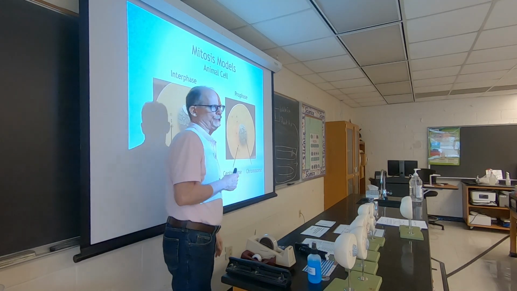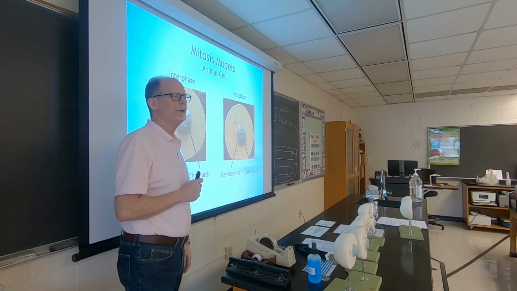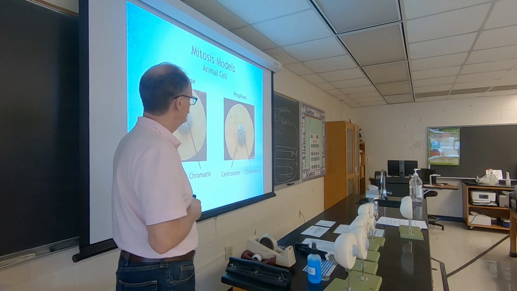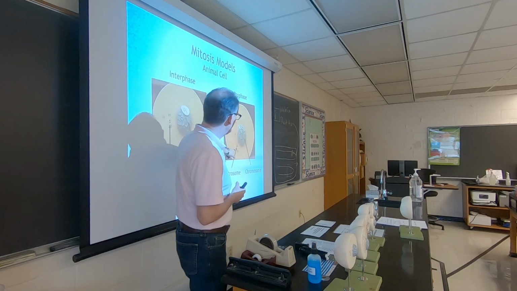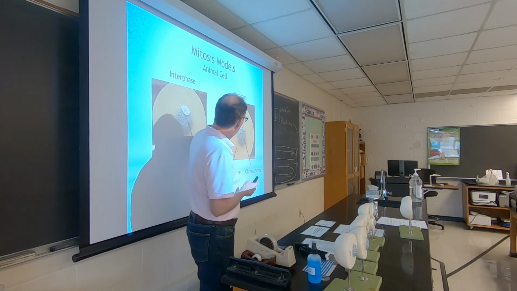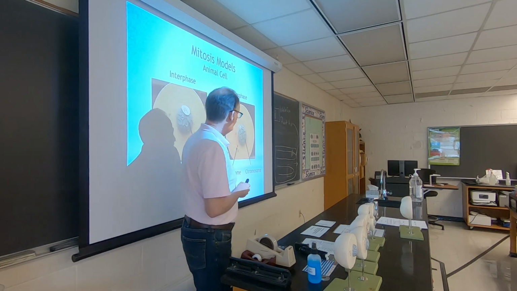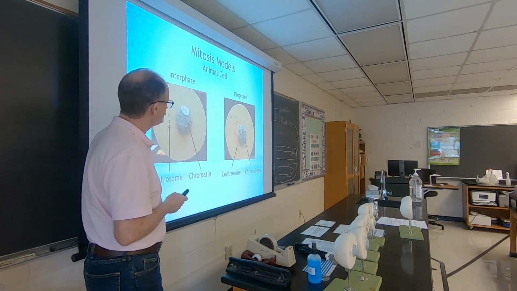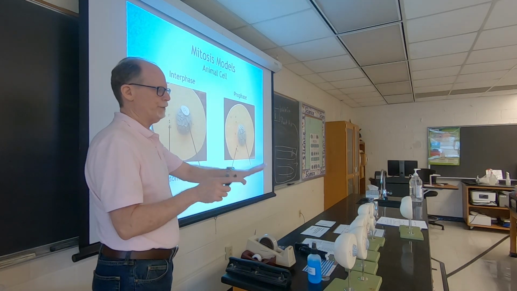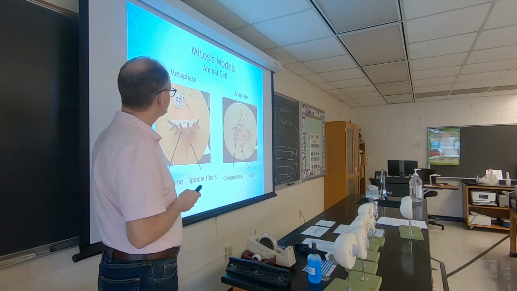If you called it a centrosome, I wouldn't mark it wrong on the practical. But they turn into asters. They're making these spindle fibers or microtubules, and they'll eventually connect to the chromosomes. So this is an animal cell. These are animal cell models.